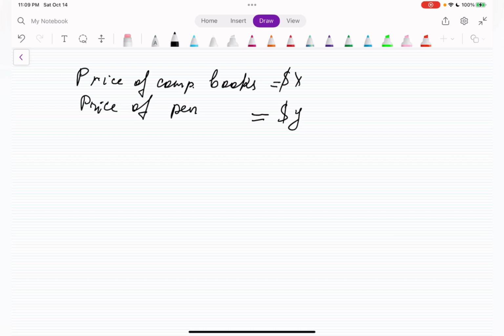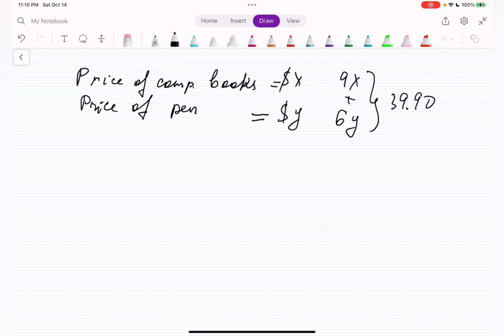It says an office supply store in San Diego sells 9 composition books, which is going to be 9X, and 6 pens, 6Y, and for a total of, if I add them, $39.90.